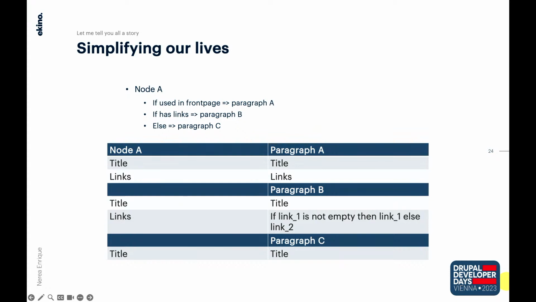And even then, inside each paragraph, you could have some conditions that are going to transform it in some way or another. So for example, the paragraph B is not going to be the same type depending on whether link 1 is filled or not. So each kind of thing is going to be conditional, which made it a lot more complicated.